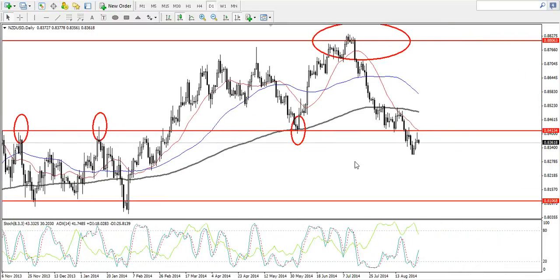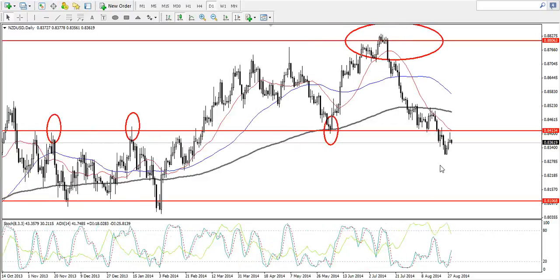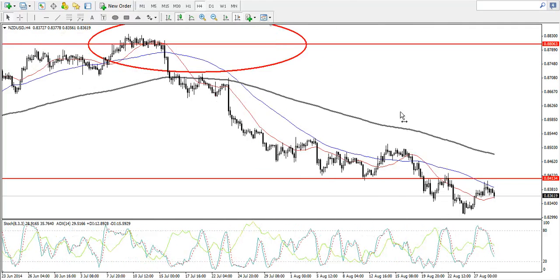We have taken note that the price has already broken below this level at 0.8413, and therefore we are looking at price to fall even further to the next support level at 0.8106.